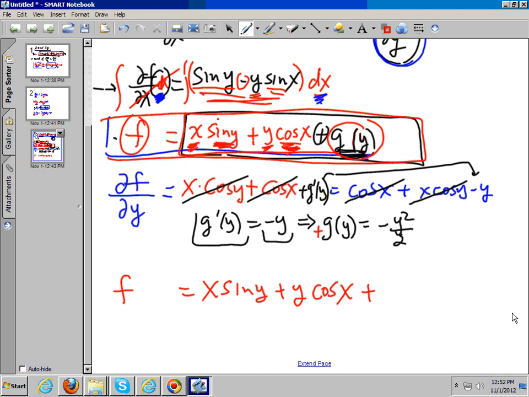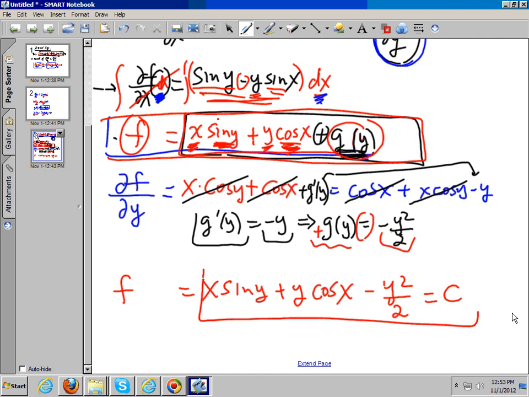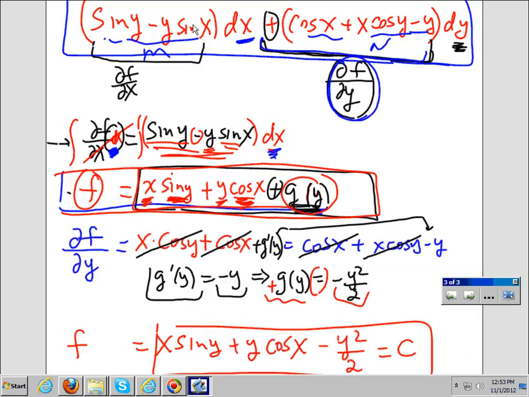Whenever I see plus g of y, I could erase it and put negative y squared over 2, minus y squared over 2 equals a constant. This here is the solution to the differential equation. That is the solution to this differential equation.